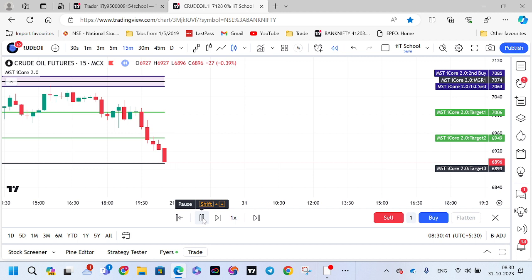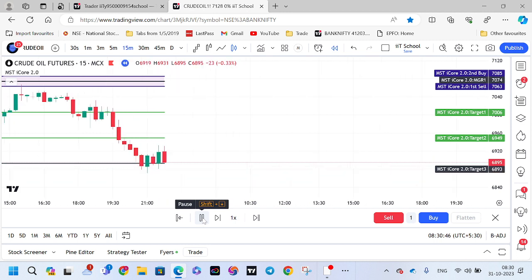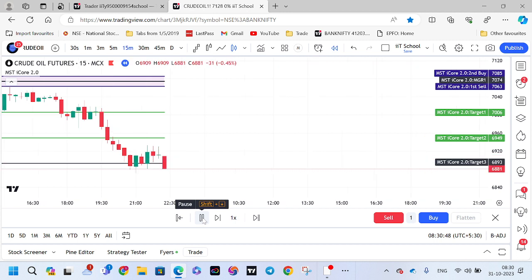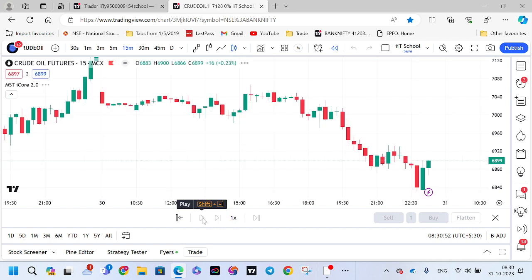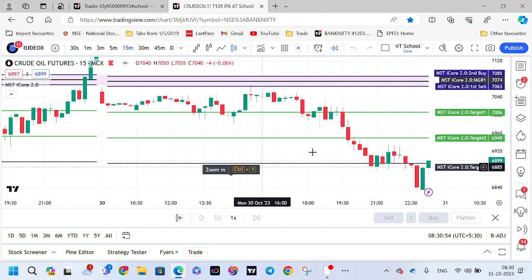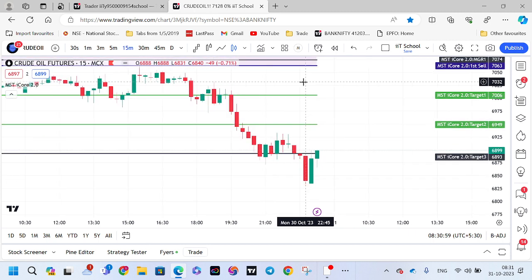If you are capable, take 3 lots initially and book the first lot at the first target, the second lot at the second target, and the third lot at the third target, and exit from the market. See here, perfectly 1:4 ratio, 3 targets hit.